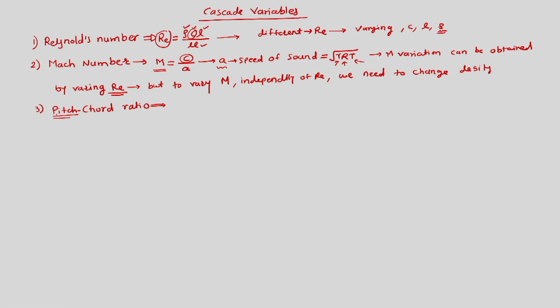So, this pitch to chord ratio is one more parameter in the cascade variables, and this is S by L, where S is equal to pitch and L is equal to chord.